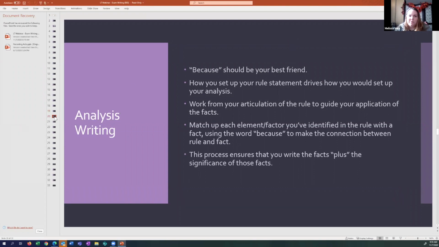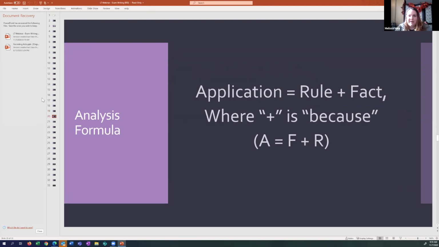I have a colleague who has all of her students create templates for her Civ Pro exam that they can use on the exam, which are basically Mad Libs. Like, the issue is whether blank had personal jurisdiction over defendant blank. The rule is, and it's a Mad Lib.